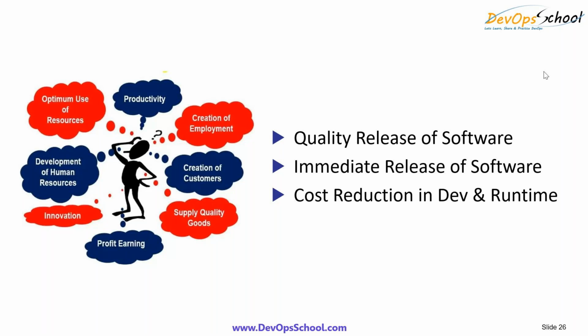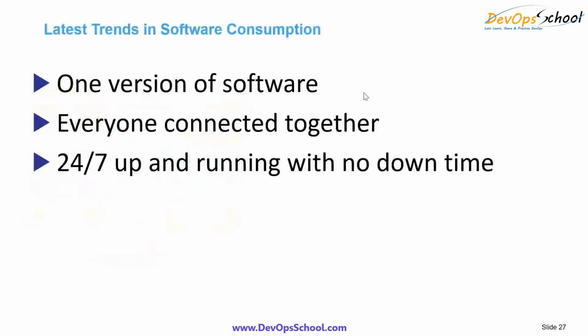It was there, it is there, and it will be there. The objective is the same, only the toolsets and culture and other things are changing. Okay, so here, if you are all connected to the same application, one version of the software, everyone connected together, the expectation is that it should be up and running 24 by 7 with no downtime.